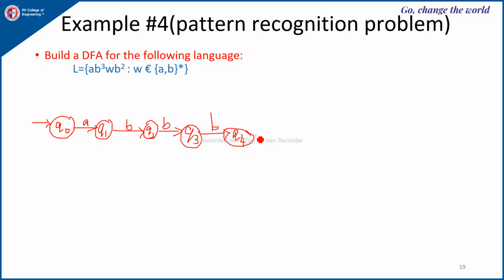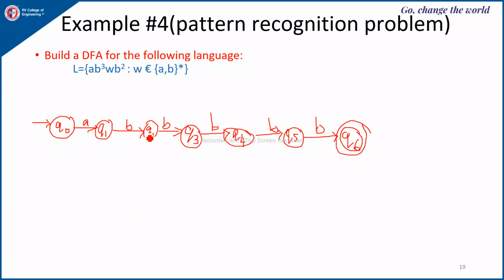Next is another 2 B's. So 1 B, 5, another B, 6. So this has to be my final state.